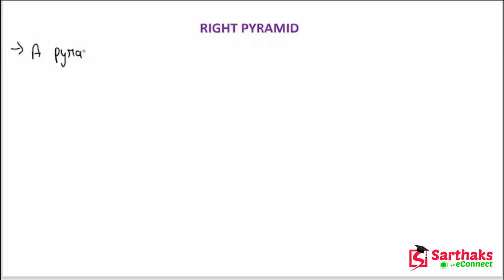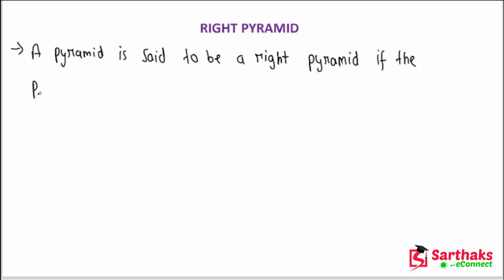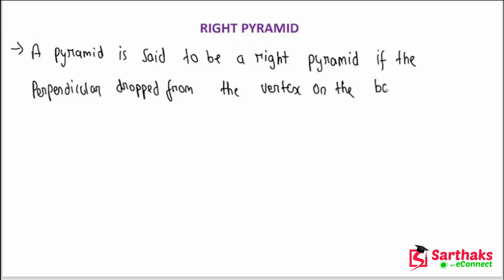A pyramid is said to be a right pyramid if the perpendicular dropped from the vertex on the base meets the base at its center, right?